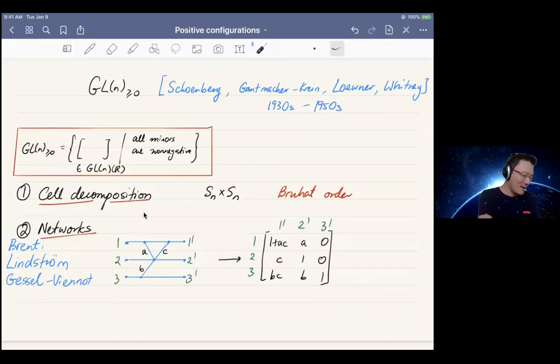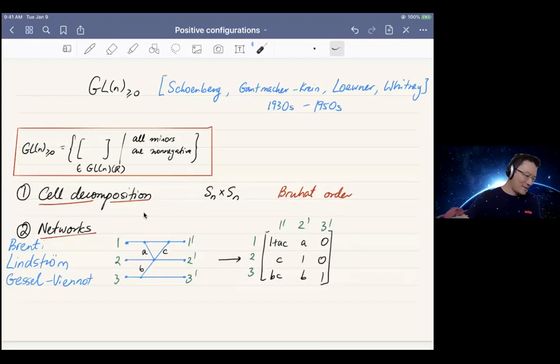As I said, the definition of the space is just that we take n by n non-singular matrices, and then you ask that all minors, all submatrices, have non-negative determinant. A matrix either satisfies the condition or doesn't, so this is a subspace of GLn, and it acquires a topology from it.